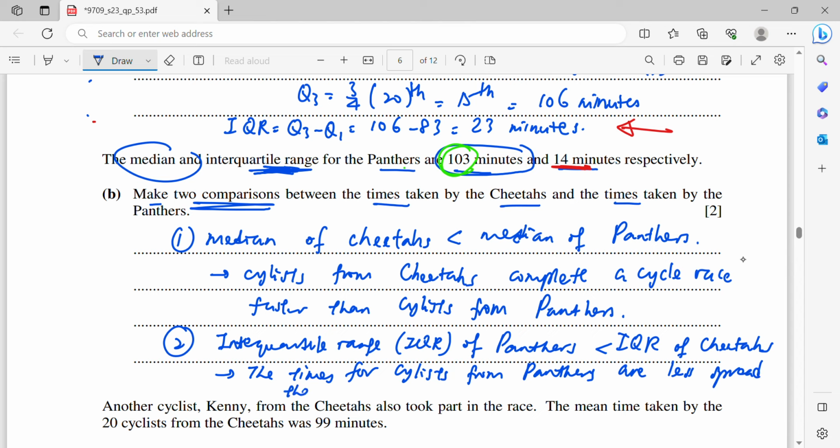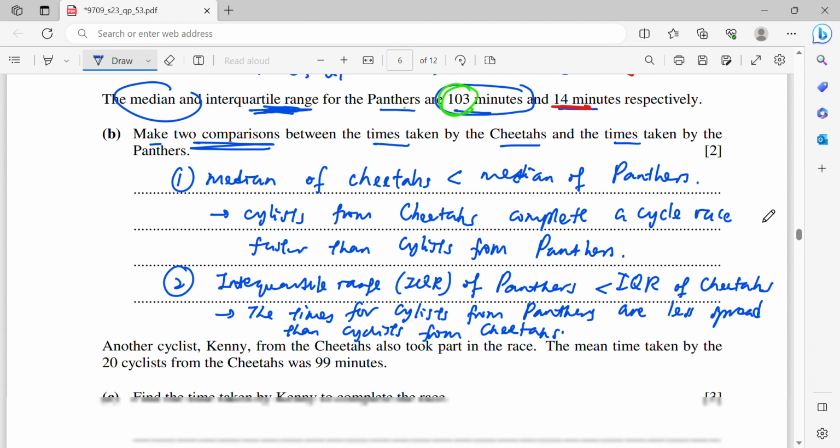Okay, then cyclists from cheetahs. So these are the two comparisons regarding the median and the interquartile range.